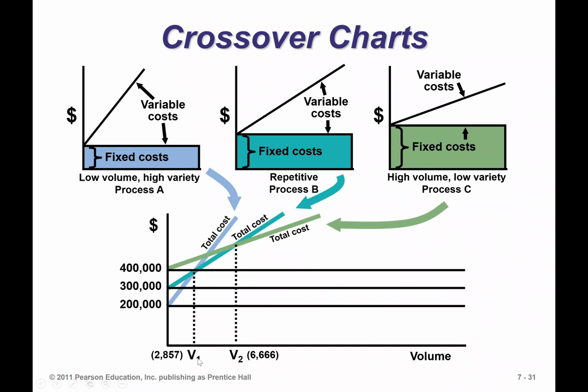You moved at V1, the first crossover point between process A and process B, and then there's another crossover point between process B and process C. That's clear enough? Everybody understand that? How you change from one process to the next has to do with your crossover point, and at what volume it makes sense to cross over.